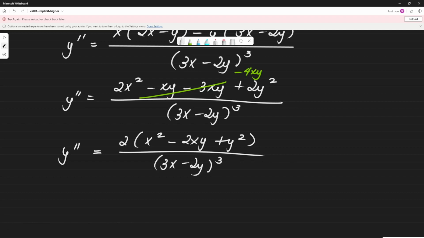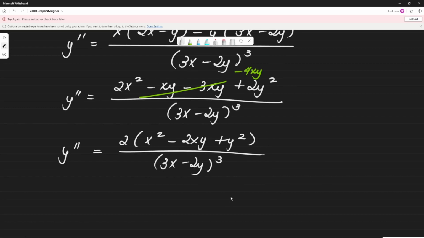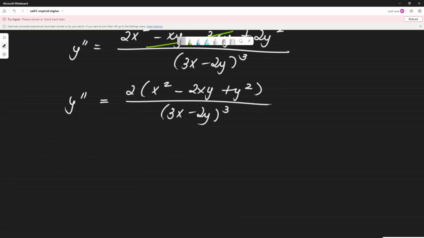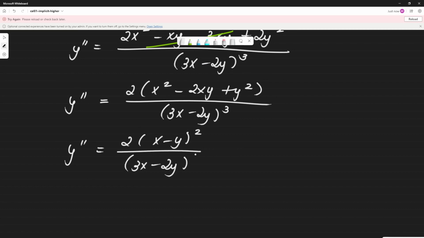Okay, so what are the factors of x squared minus 2xy plus y squared? Obviously, we have y double prime is equal to 2 times x minus y quantity squared, all over 3x minus 2y cubed. And this is our final answer.